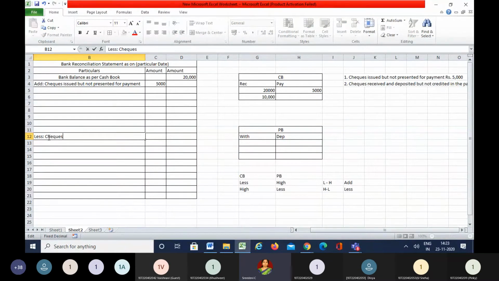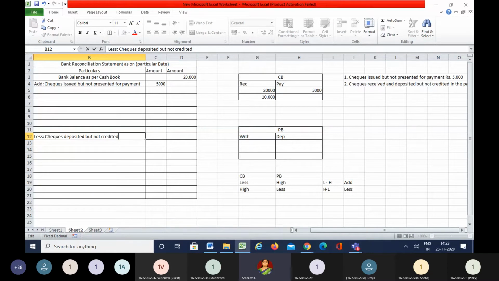So everything means the same. Checks have been received but not deposited is also the same. Checks received, deposited but not credited also means the same. So please do not get confused with these different statements. The meaning of the statements is always the same. So checks deposited but not credited.